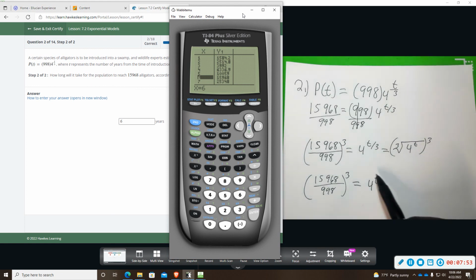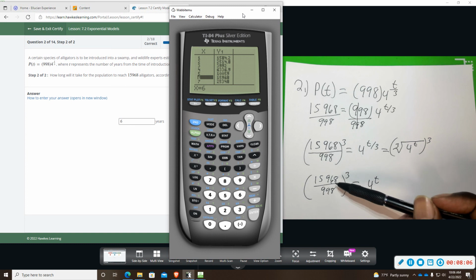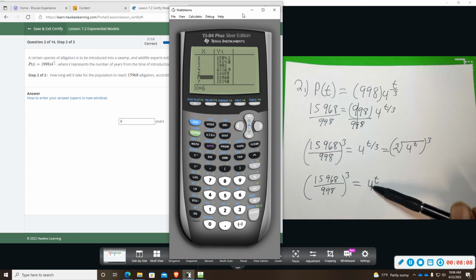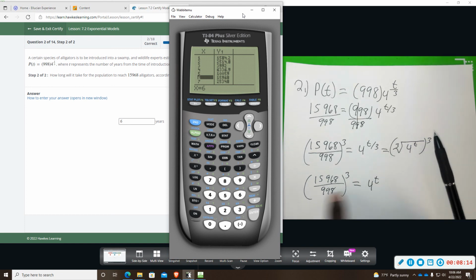Now, we have t as a power. We have to do a couple of things to rewrite that, but let me see if I can rewrite this in terms of the same base, like we saw in some exponential problems before, rather than showing you a different method, because we hadn't got to logs yet, and I don't know that that would help.